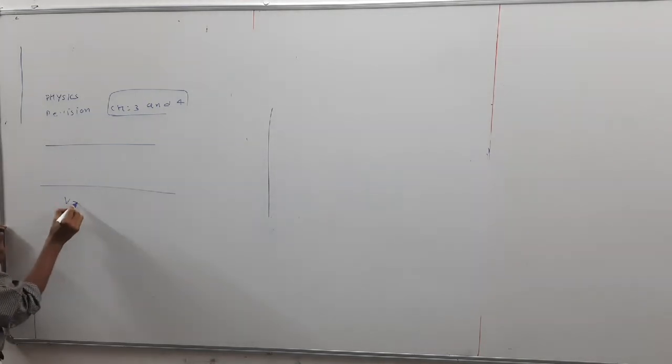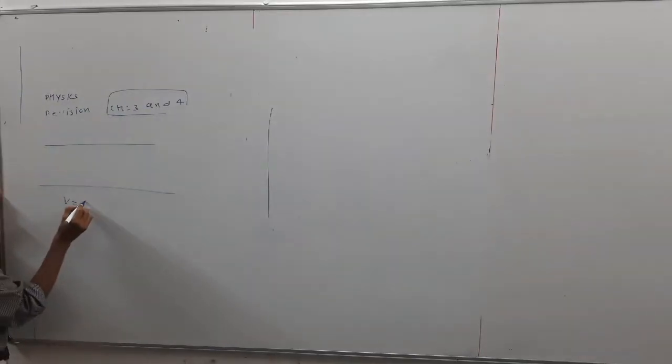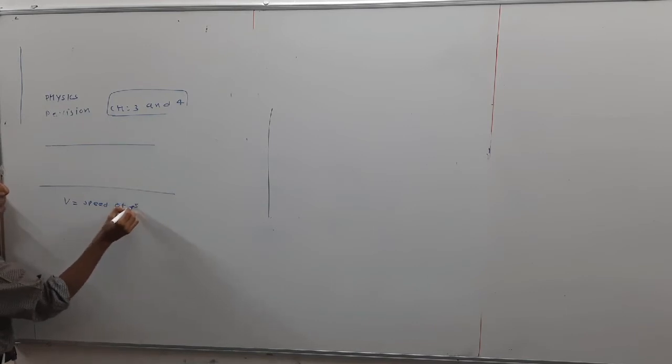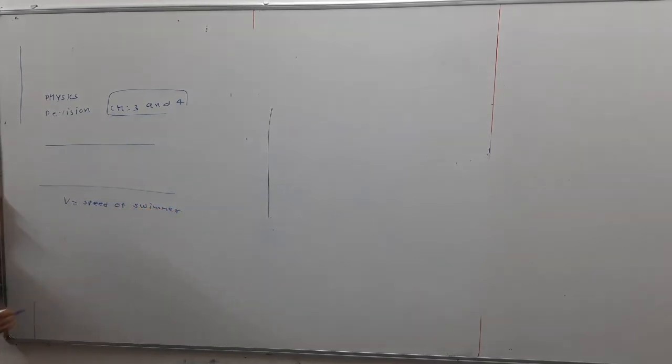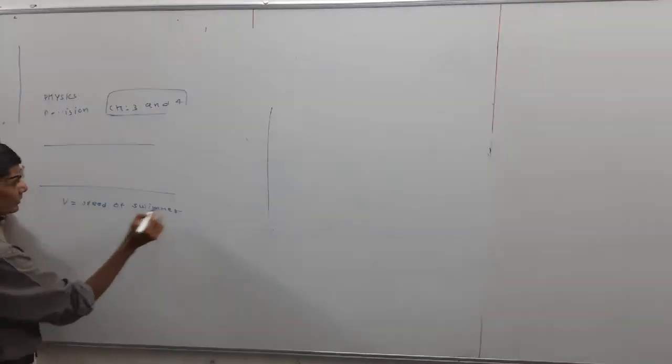The velocity of a swimmer is 4 km per hour. Now it has to cross a river which is 8 km wide.